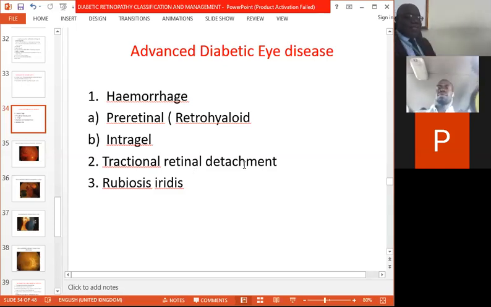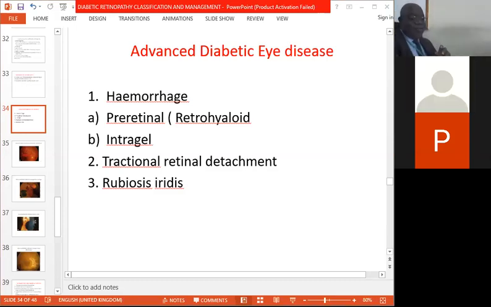This is advanced diabetic eye. They will show new vessels on the iris, especially at the pupil margin. You find new vessels. That's what is referred to as rubeosis iridis.